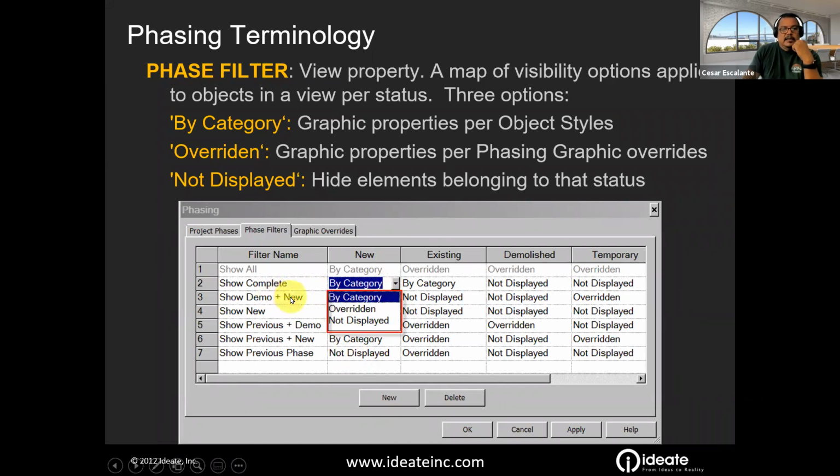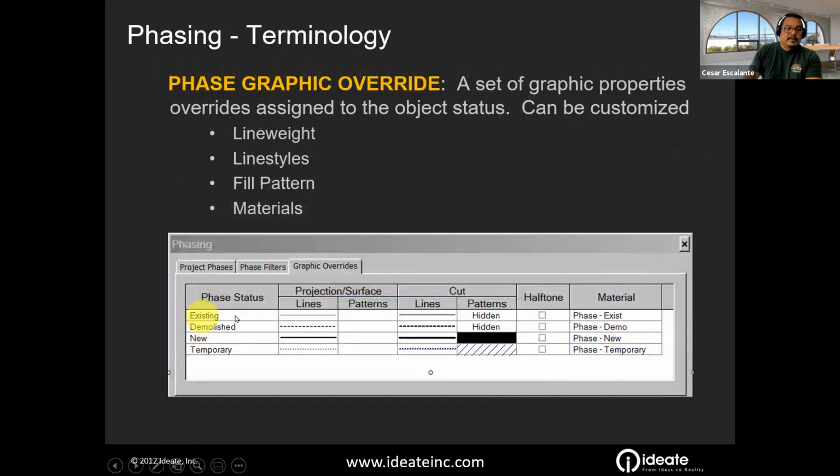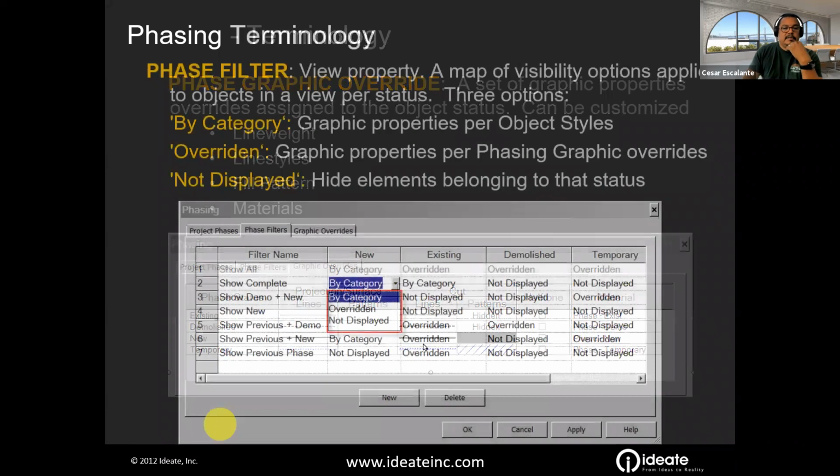The existing elements, sorry, this previous and demo, yes, this is the one, show previous and demo. The existing objects are overridden, and what that means is it's going to apply the existing graphic overrides to the objects in the view.